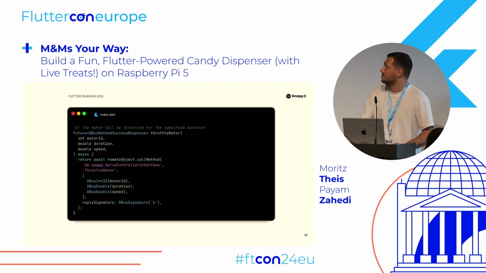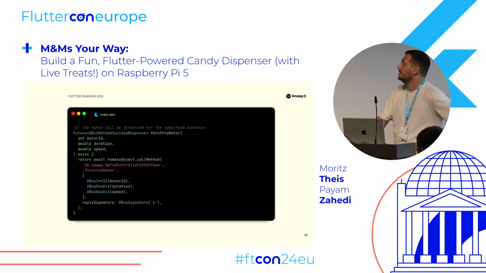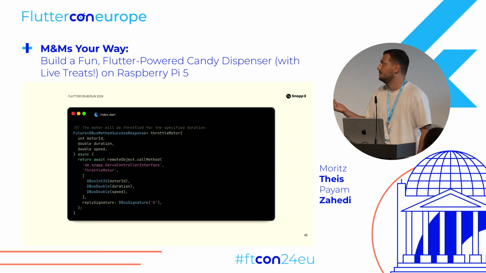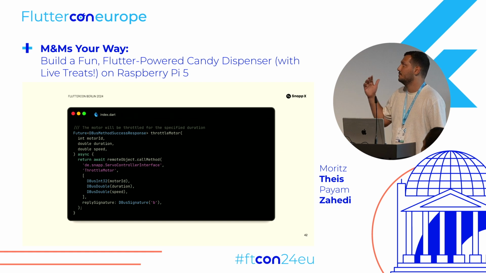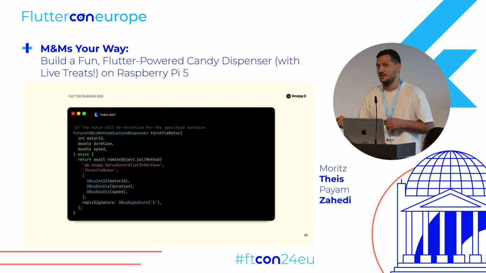And the throttle motor is the same, but we need to add some parameters to it. And as you can see, we have DBusInt32. It is part of the package that we already added to our application. Also, the return signature in here is b, that means it's Boolean, so we will understand whether the function is done or nothing happened.